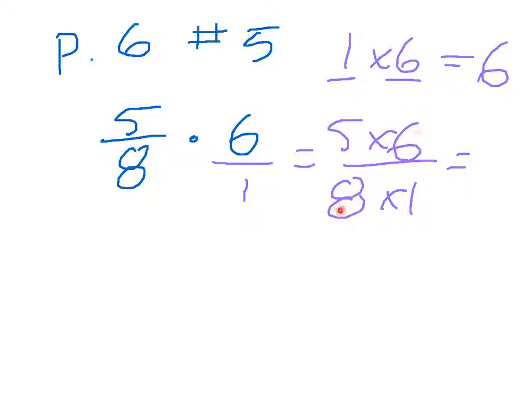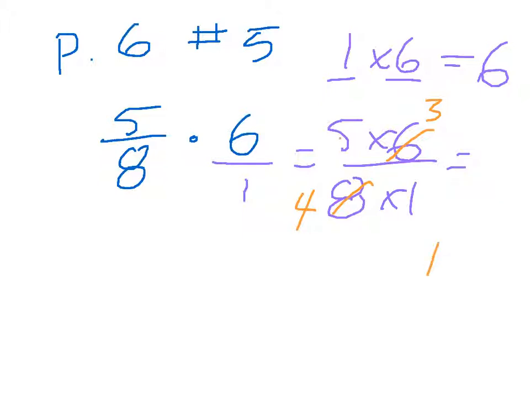See, that's 6 and 8 right there. Those both can be divided by 2. They're both multiples of 2. So I will pull out a 2 here, divide by 2. That would be 3, and divide by 2, and that would be 4. Multiply straight across. I'll put my answer down here.